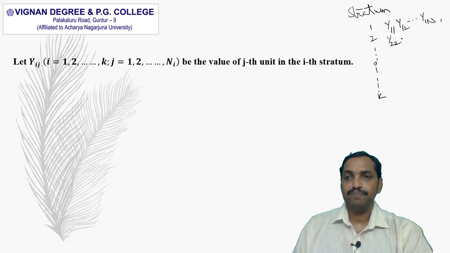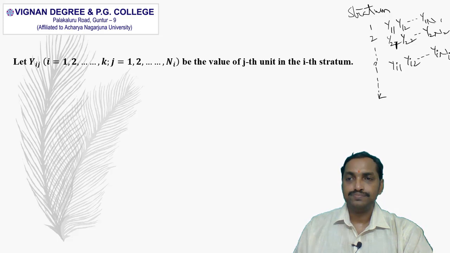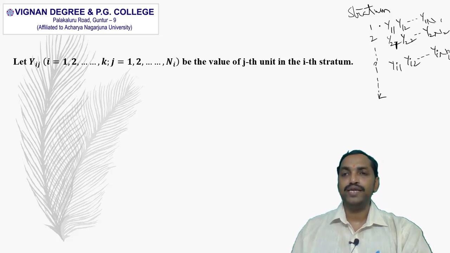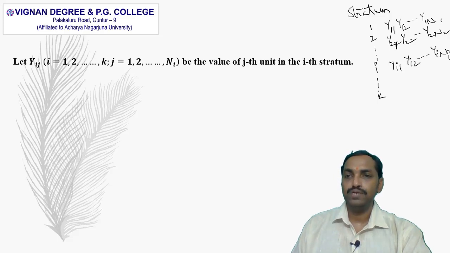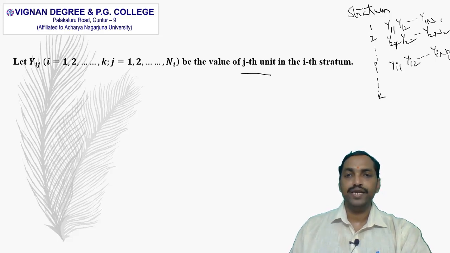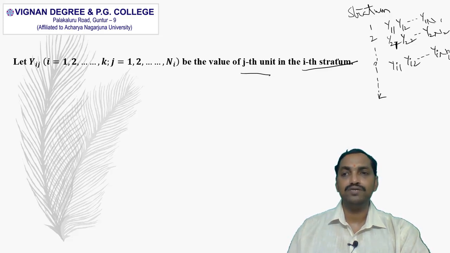Similarly, in the second stratum, capital Y21, capital Y22 and so on up to capital Y2N2. Similarly, in the ith stratum, capital Yi1, capital Yi2 and so on up to capital YiNi. Here capital Y11 represents the first unit in the first stratum. Capital Y12 represents the second unit in the first stratum. Similarly, capital Yij represents the value of the jth unit in the ith stratum, where i is equal to 1 to k and j is equal to 1 to capital Ni.